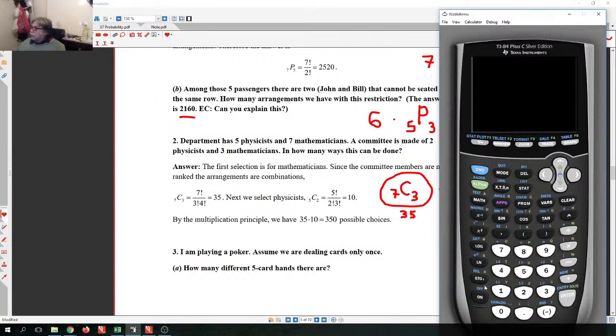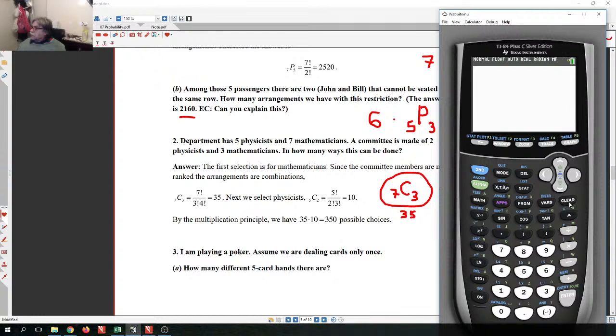Of course, you can use the formula, but you can use your calculator. Math button, move arrow to probability, combinations, third option, and then you have 3. 7 choose 3 combinations. How many combinations do you have? Each one of those arrangements is a combination. 35. And again, you can use the formula, it will be exactly the same at the end.